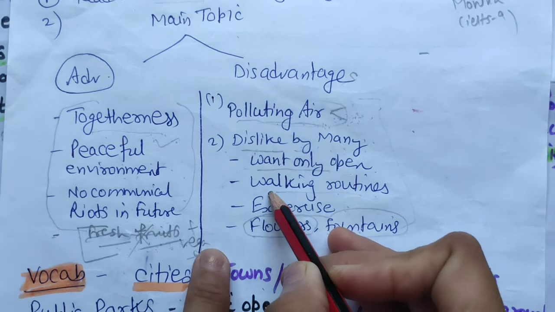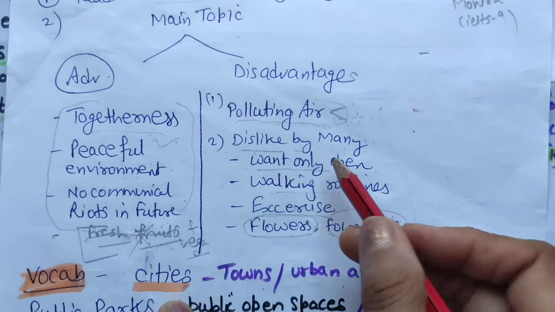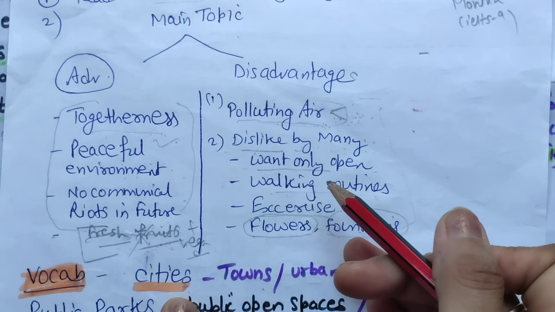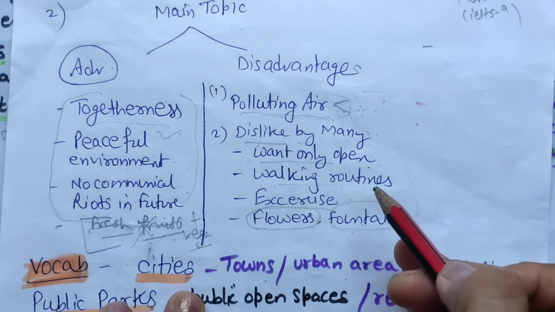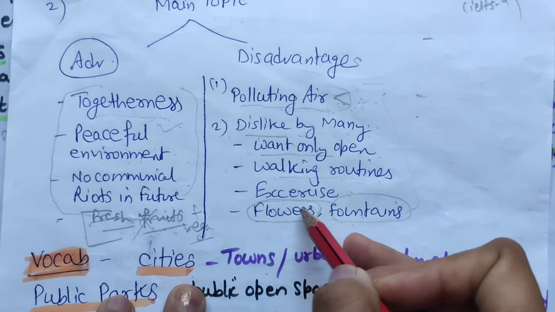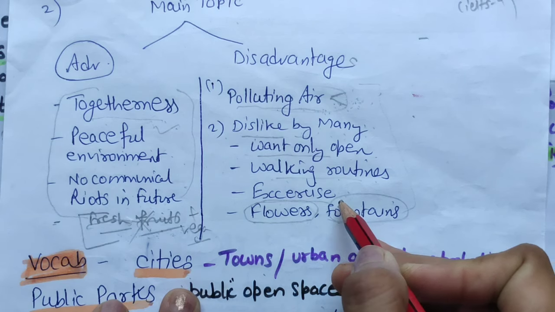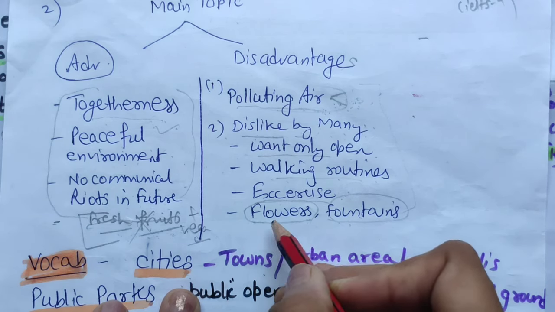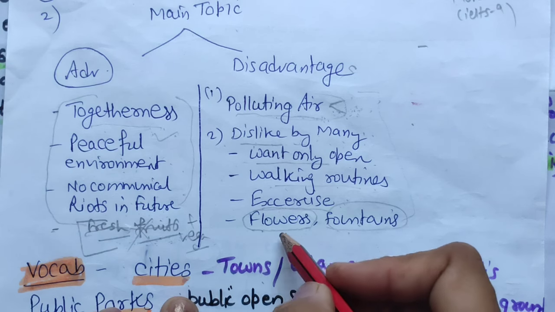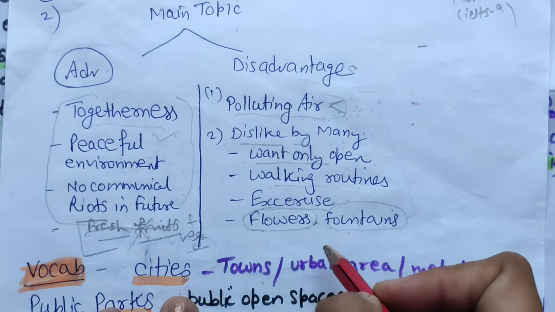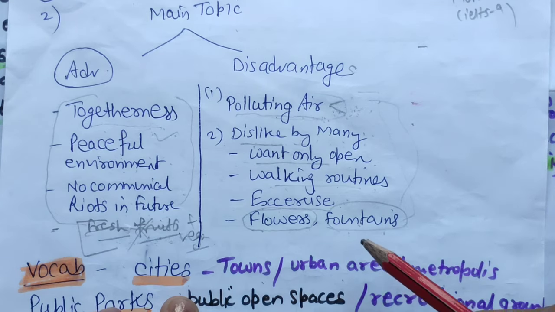Some people have morning walking routines, which would be affected if everything is converted into gardens and fruit and vegetable orchards. They want to do exercise like yoga and open gym exercise, and some would like natural scenery, like beautiful flowers and fountains. So I think it has more disadvantages.